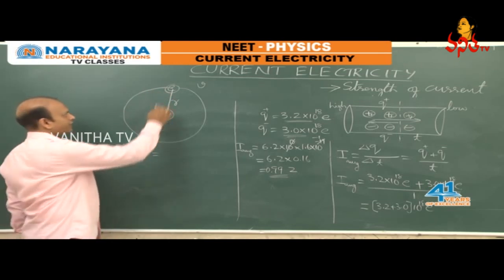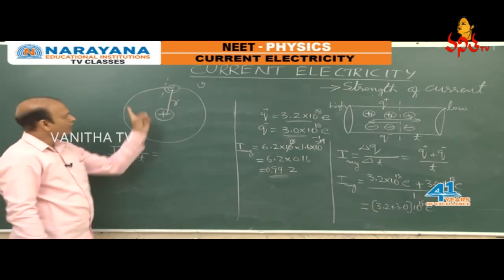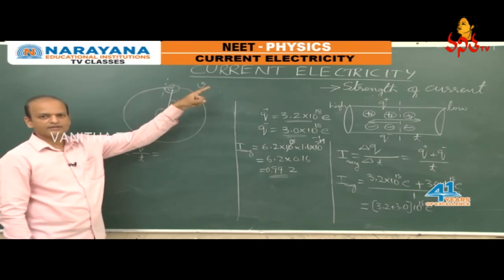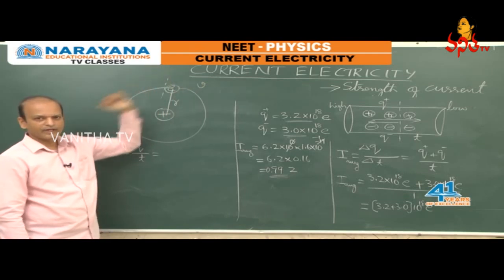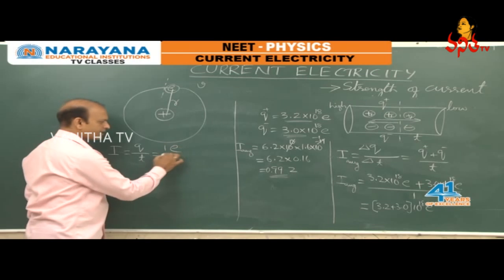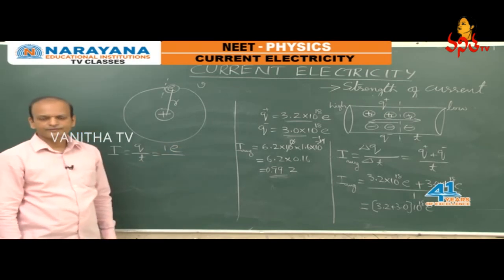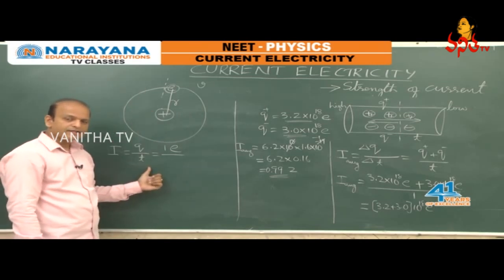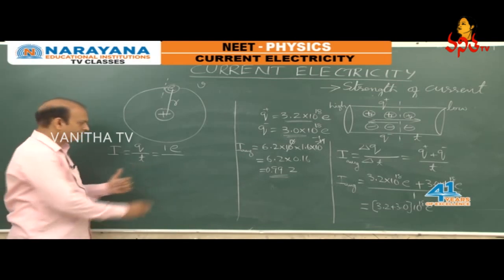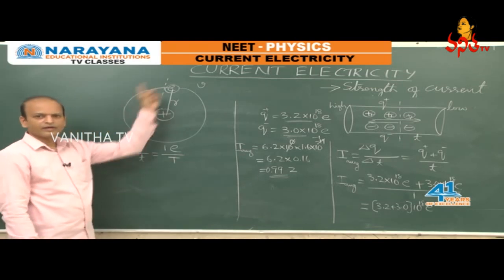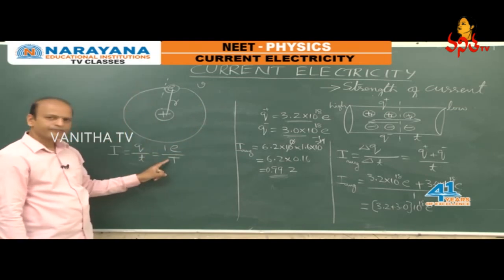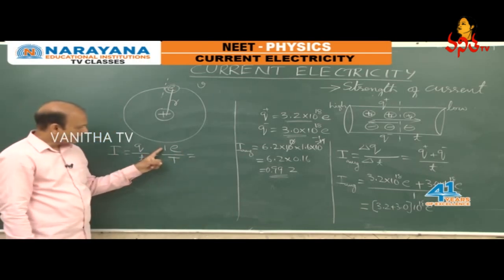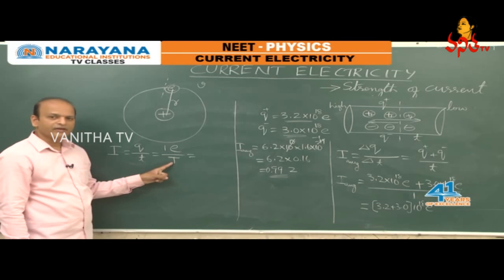If it is for one revolution, at this place, once the electron crosses, the electron will cross this particular position once. Okay. So the charge flowing is 1 times the electron charge. And we are observing for one revolution, so the time taken for that is nothing but the time period of revolution, that is capital T. Let us call the time period of revolution of the electron capital T. Now here it can be written as the reciprocal of the time period, which is the frequency.